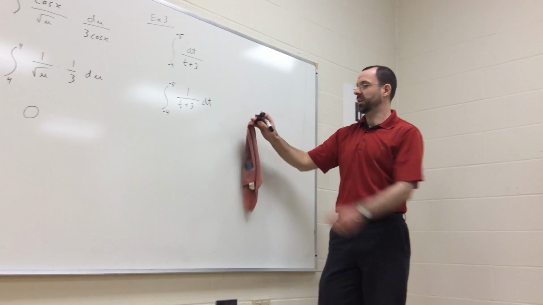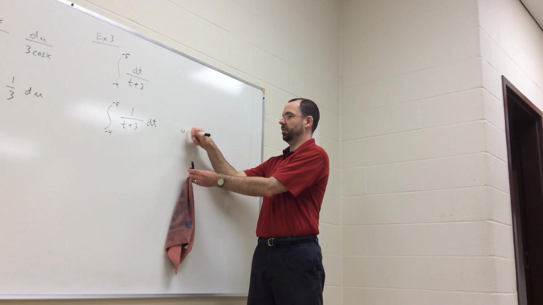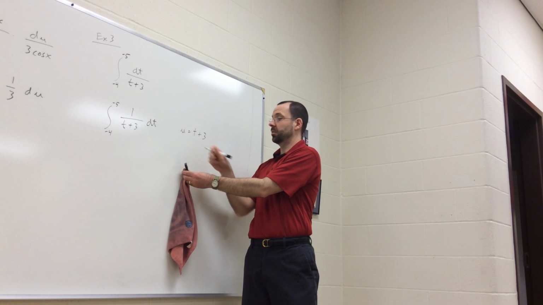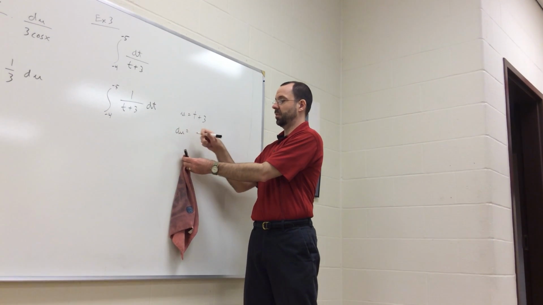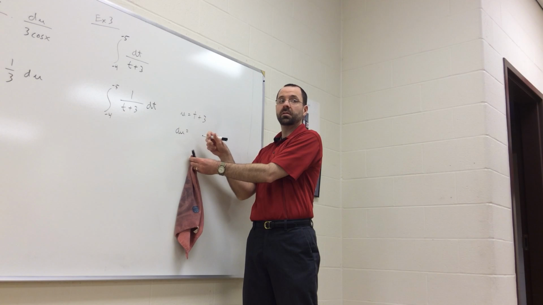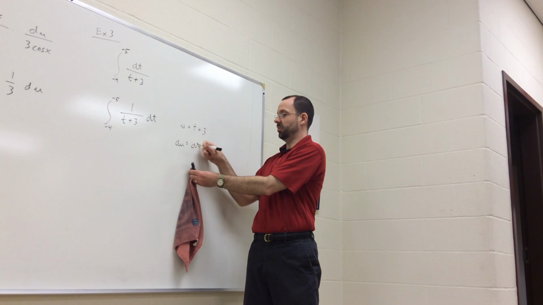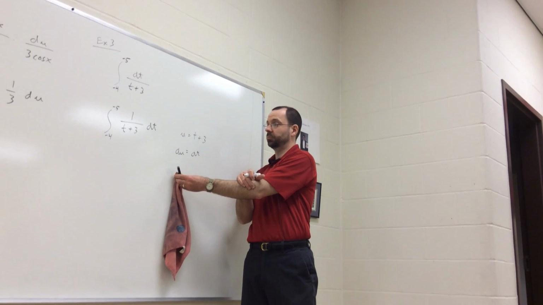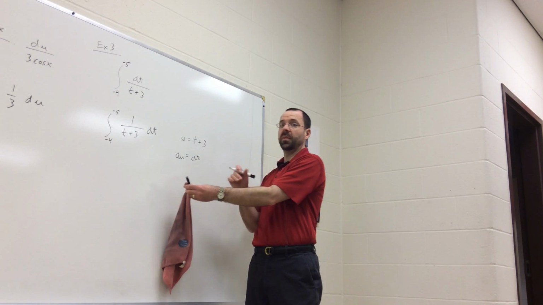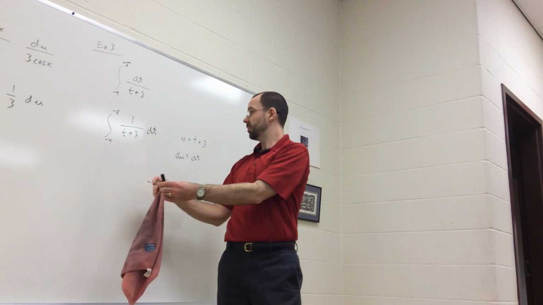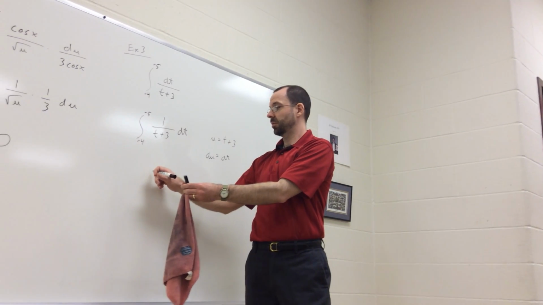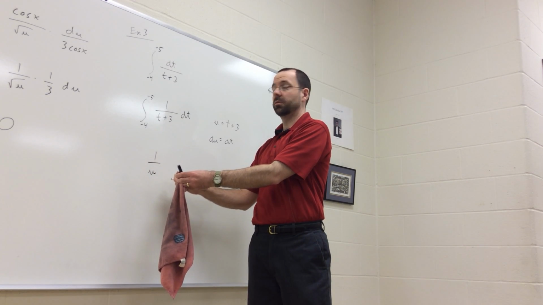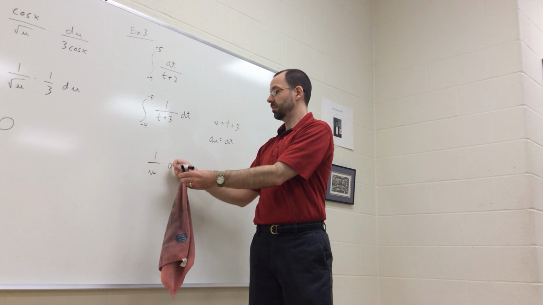So what do you think u should be? Good, it should just be t plus 3. So then the derivative of t is 1, so du is just dt. So this is 1 over u du.